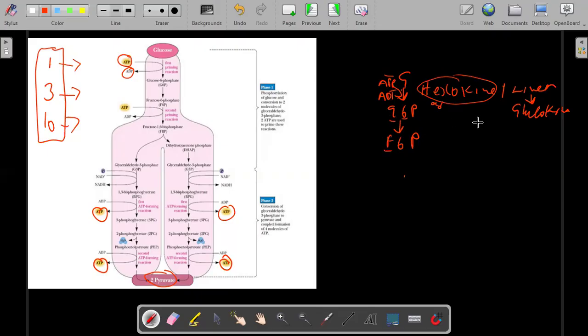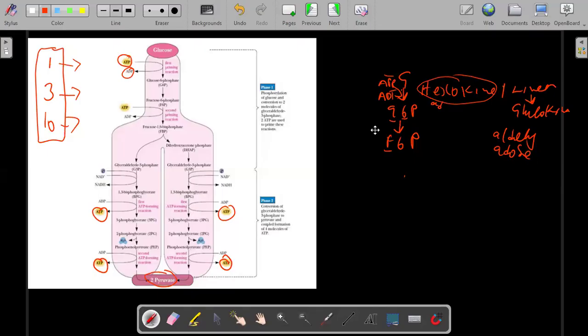Glucose is actually an aldehyde. If we go back to your carbohydrates, you notice that glucose has an aldehyde group, so it has a functional group at position number 1. Then if you look at fructose, fructose is actually a ketose sugar.